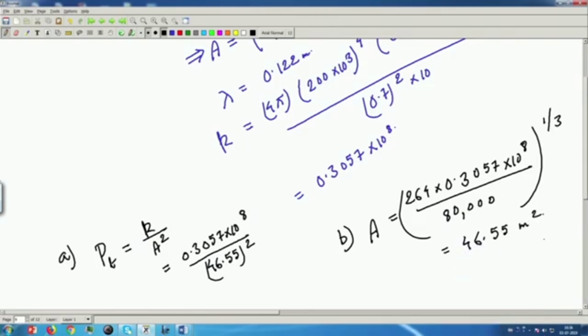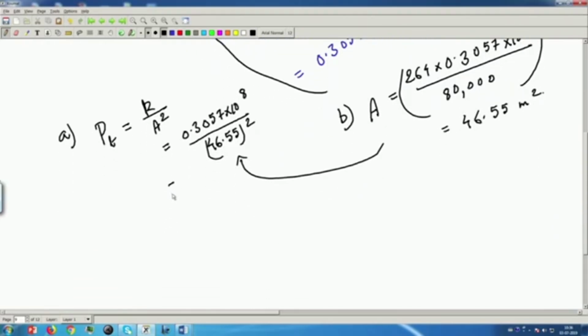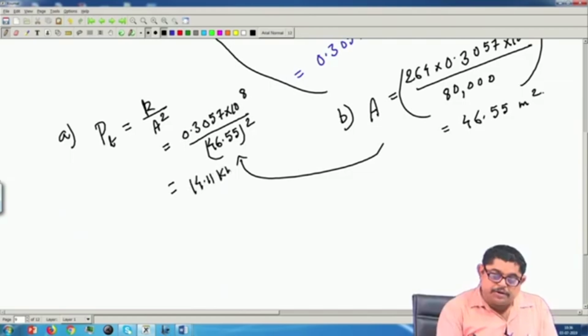Once we get this A, we can put it here, and putting that we will get 14.11 kilowatt.